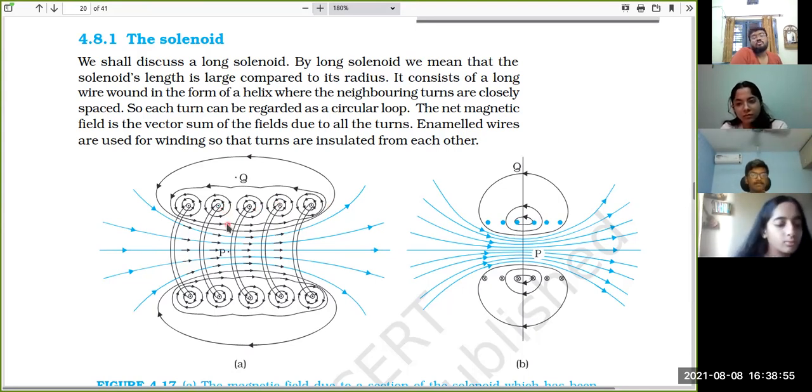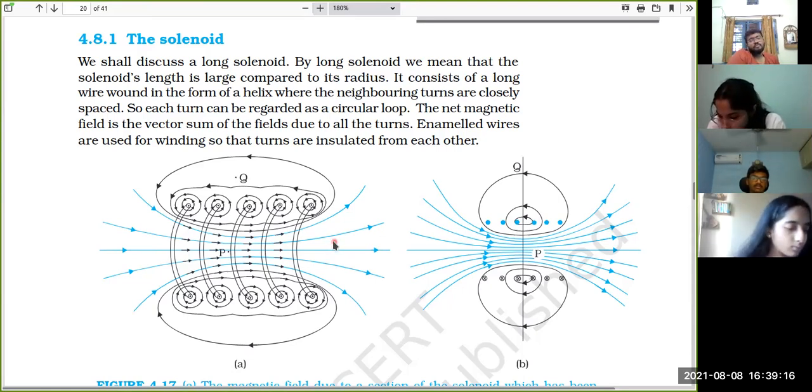Okay. So when you add these quantities, the final result is that the magnetic field inside the solenoid is almost uniform.